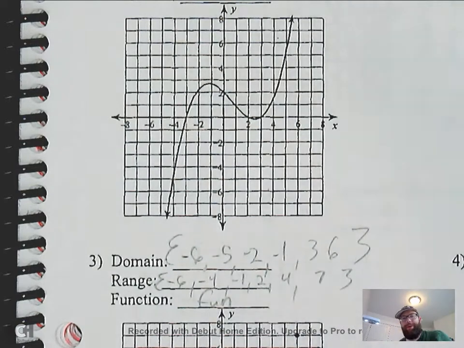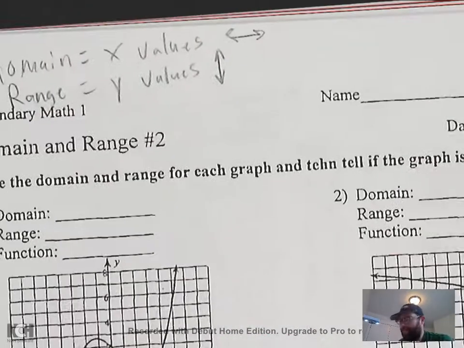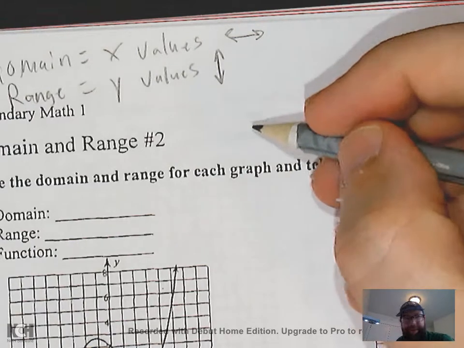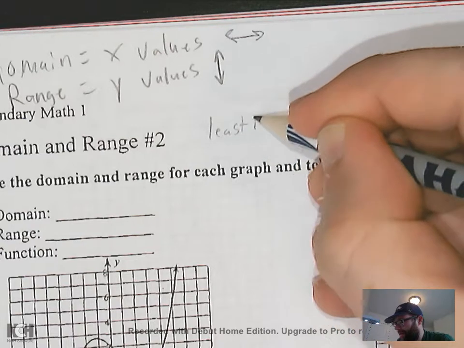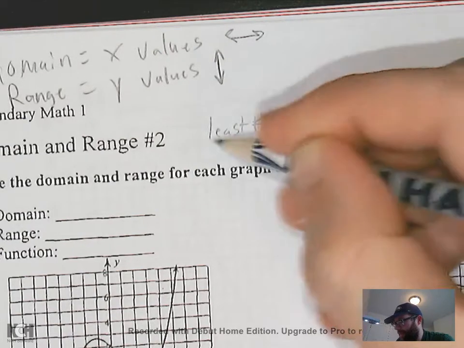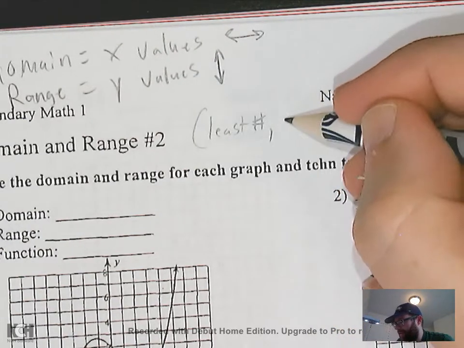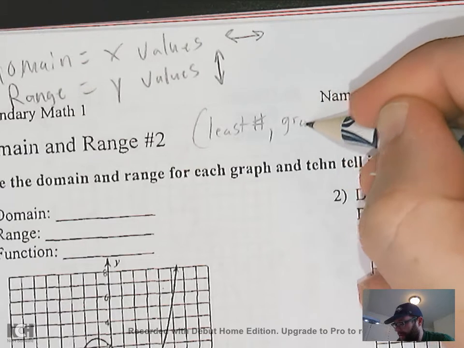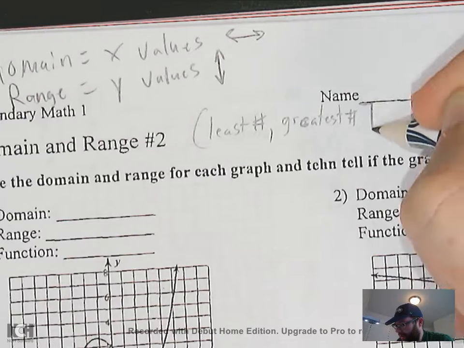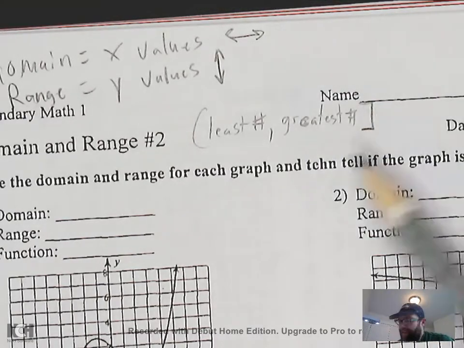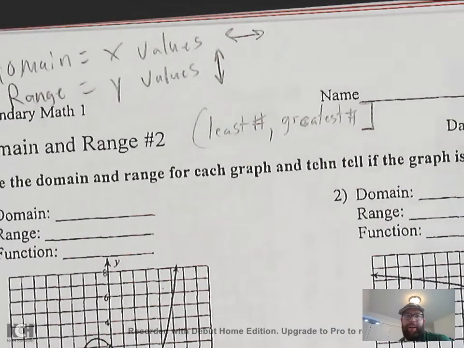So what we're going to use, and I told you it'd come back around, is interval notation. Interval notation is that fun thing we did with inequalities, where you had the least number, then a parenthesis or a bracket, then the greatest number, and then a parenthesis or a bracket. So the least number in the interval, the greatest number in the interval.